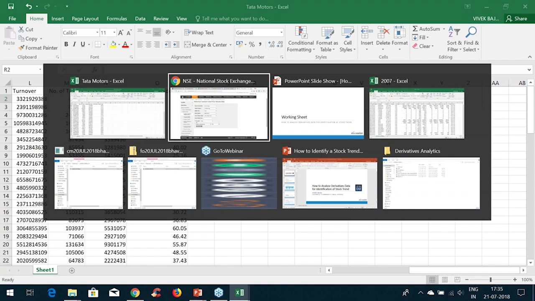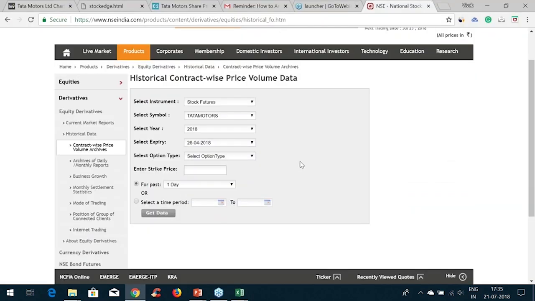So let us retrieve the data for April expiry contract, and I am doing only futures right now, I am not doing options. Because options, you will have individual strike price data to be retrieved. It's very complicated. I've made a very simple format for that, which is very, very effective.